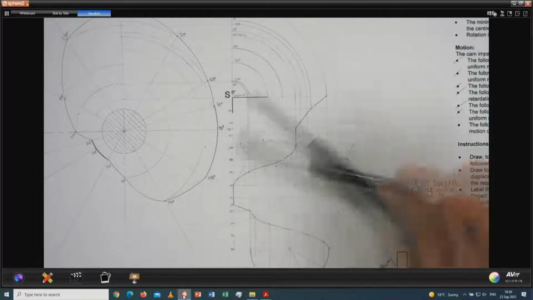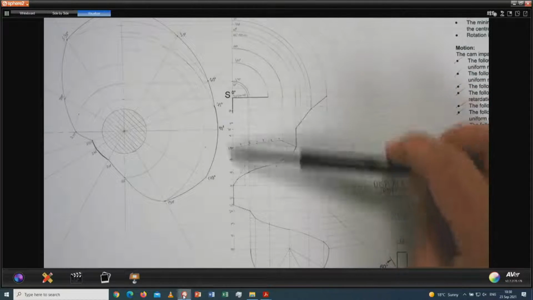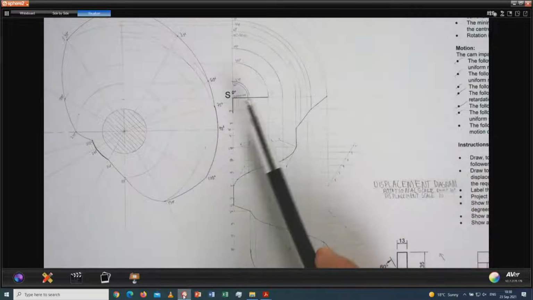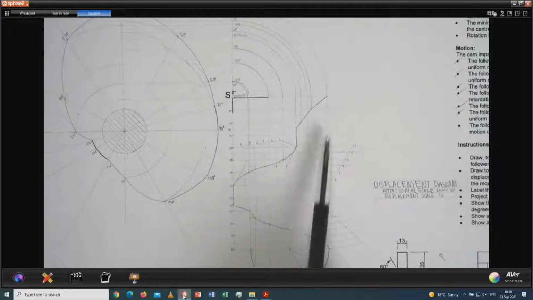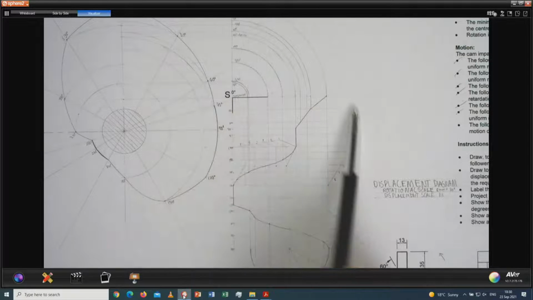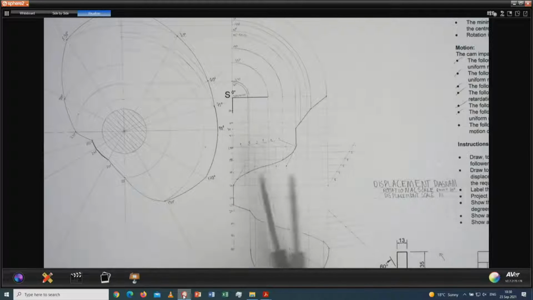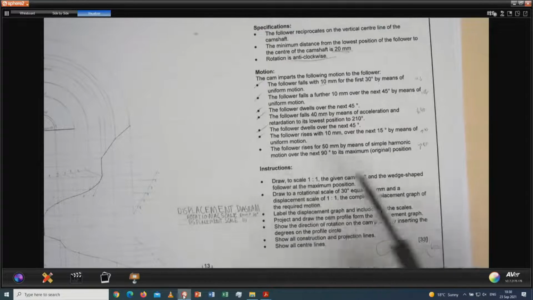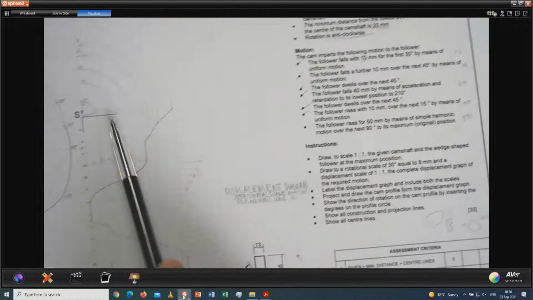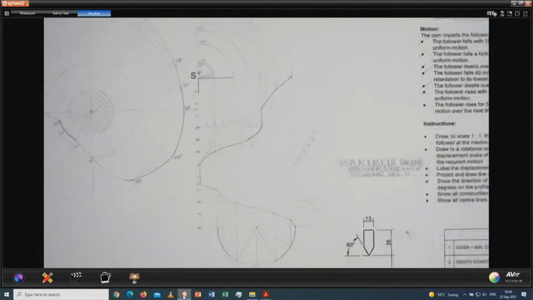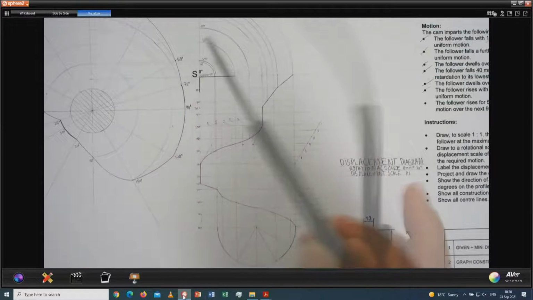He went downwards for 8 millimeters, which is 100% correct. So in other words, for the projection, he determined these points over here and he projected the points over here. So this could also be 100% correct if you mark this part, because nowhere did the examiner point out that he has to draw the displacement graph in a horizontal position. It can be drawn in a vertical position as long as the learners start there at that point over there.